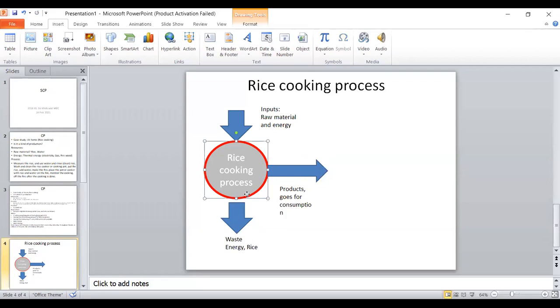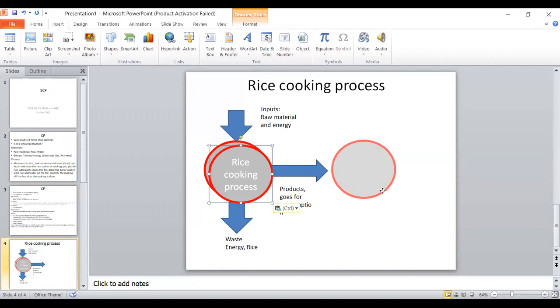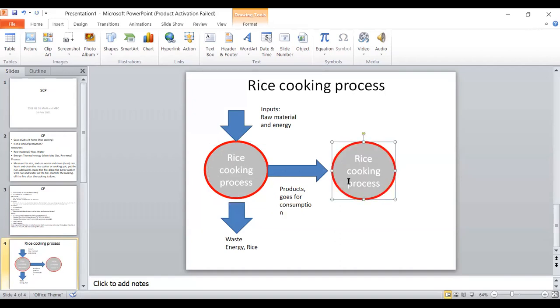Okay, so rice cooking process, then we go for consumption, rice consumption at home.